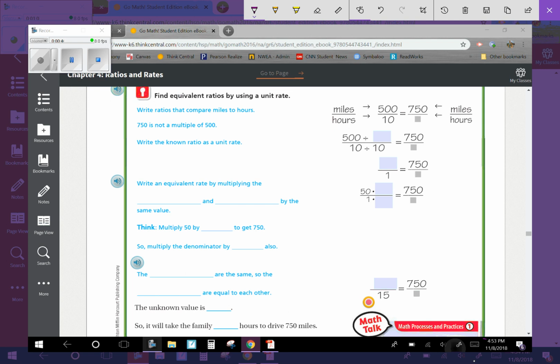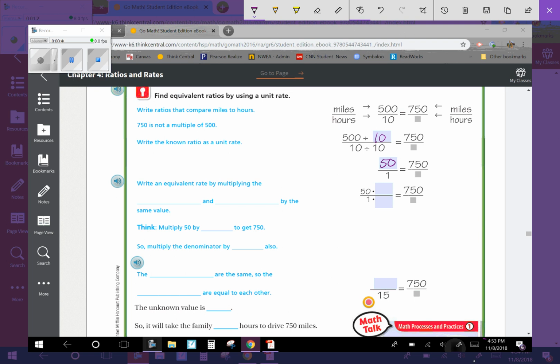to a unit rate. So we're going to take 500 and 10 both divided by 10, so that it'll equal something with 750. 500 divided by 10 is 50. So an equivalent ratio to 500 over 10 is 50 over 1.